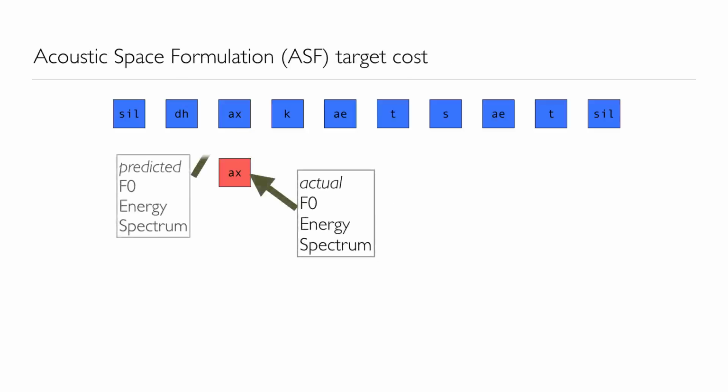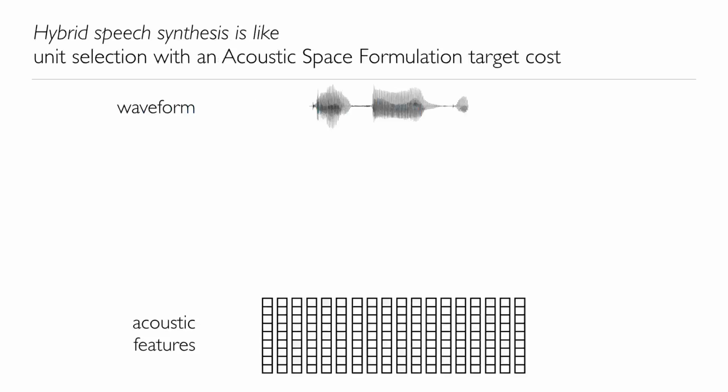We can also use the acoustic space formulation. In the acoustic space formulation, the reference target is a set of acoustic features. So we compute the distance between the reference acoustic features and the acoustic features of the candidate, and we get a value for the target cost. So hybrid speech synthesis is like unit selection with the acoustic space formulation.